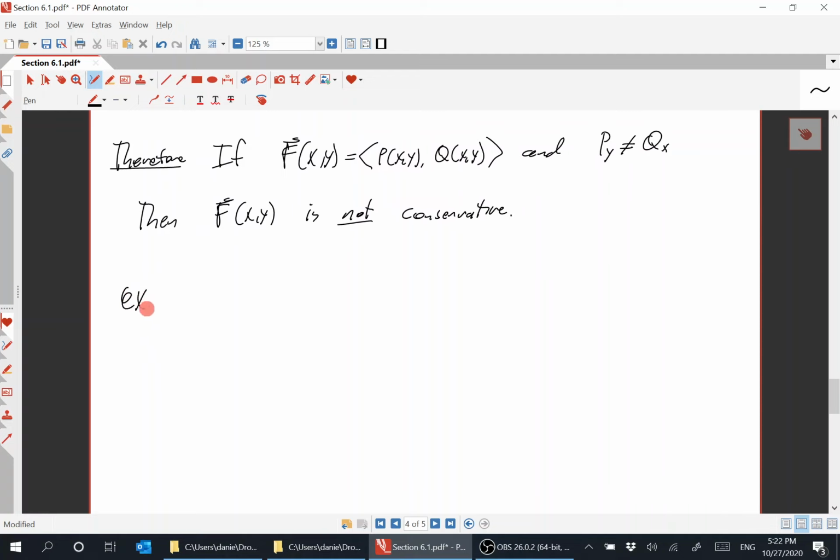So for example, F of x,y equal to this little whirlpool vector function that we've been working with here, vector field we've been working with here. When you have F equal to this, it's not conservative.